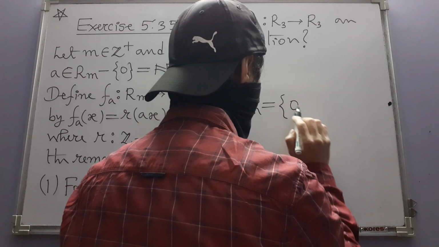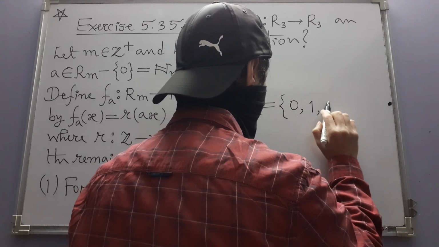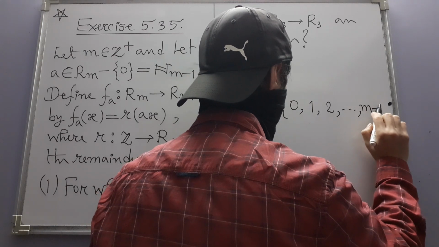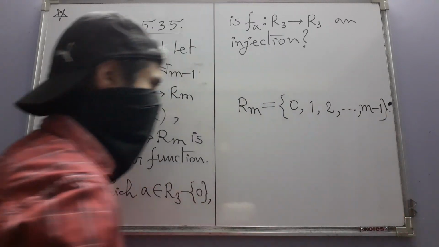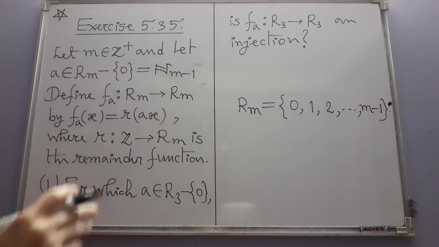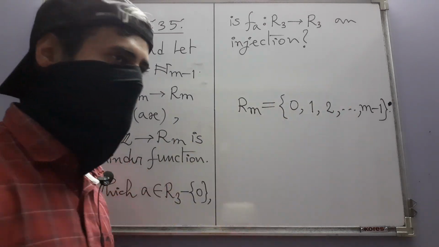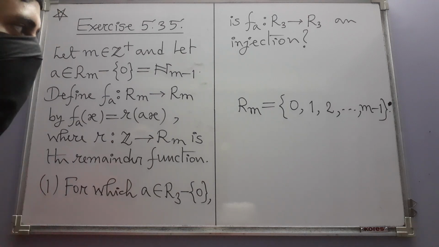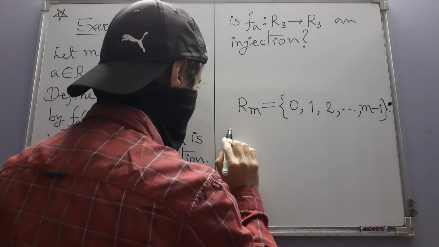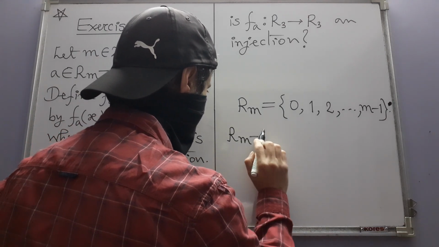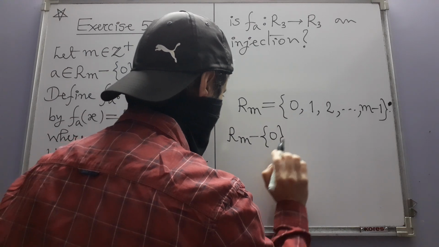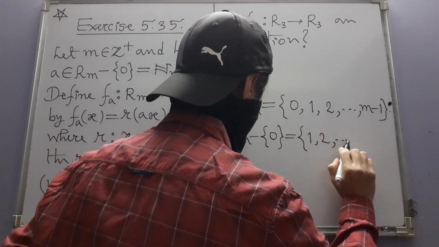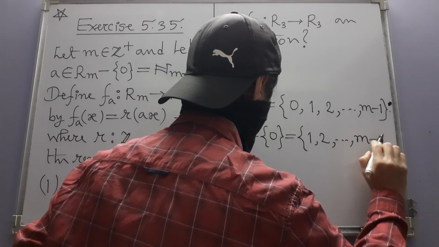Non-negative, so it will start with 0 and its elements will go like this, and it can go up to m minus 1. The non-negative integers less than m, they make the set Rn. So from Rn, if you remove 0, you get the set of all positive integers less than m.